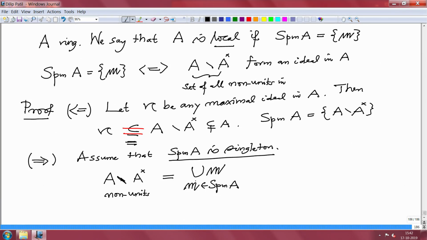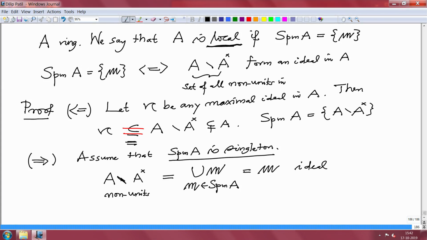So, this union is only one M, which is an ideal. Therefore, we have proved that this is an ideal. So, that proves this if and only if statement: A is local if and only if A minus the set of units forms an ideal.